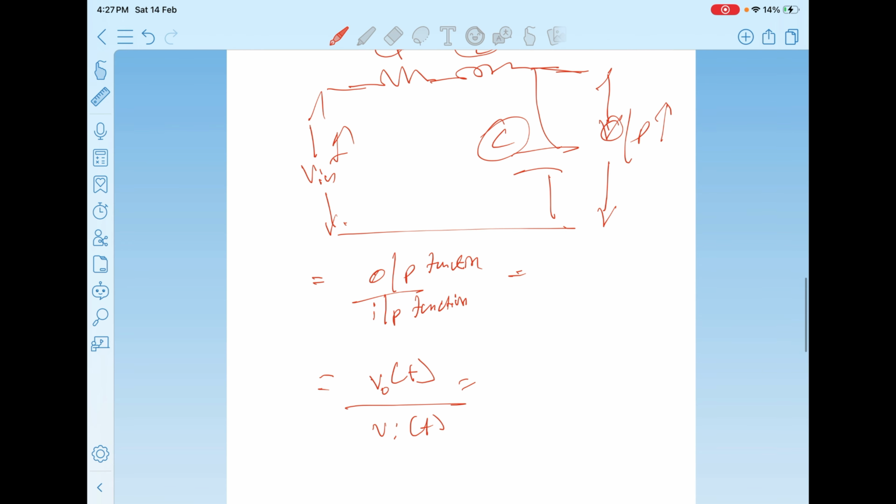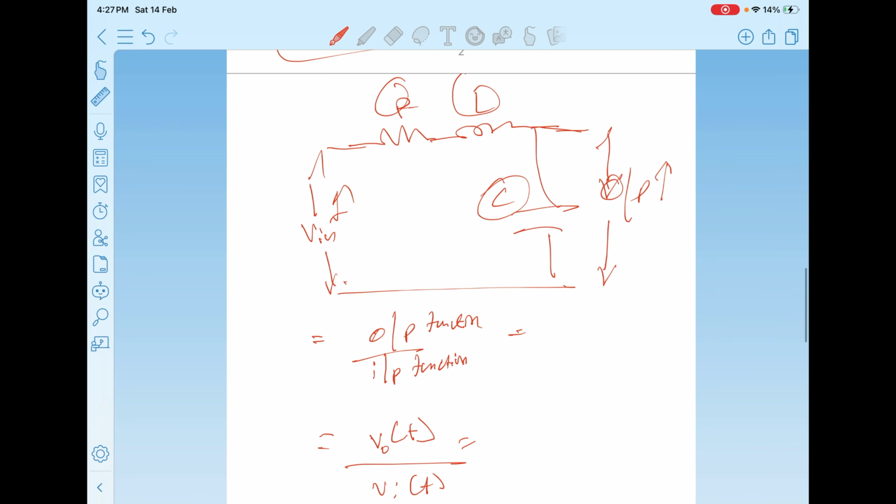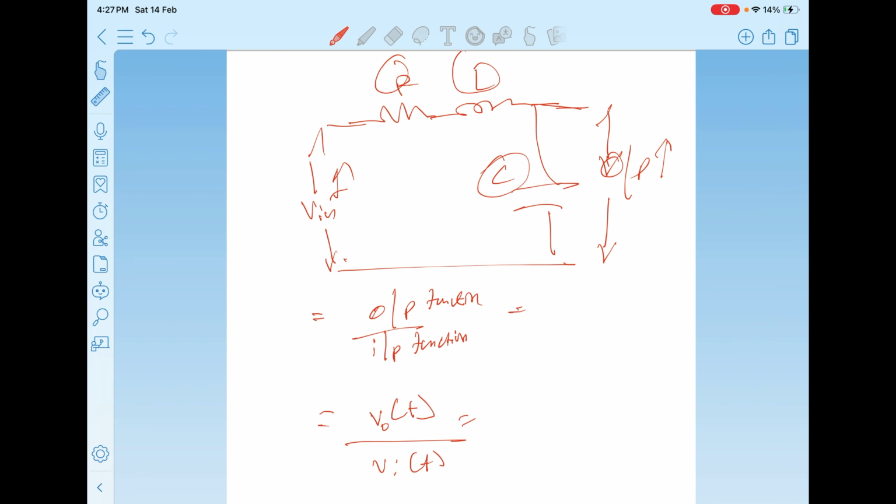For the same circuit, if you write the output equation in terms of time, the output voltage across the capacitance is 1 by C integral of ic dt.